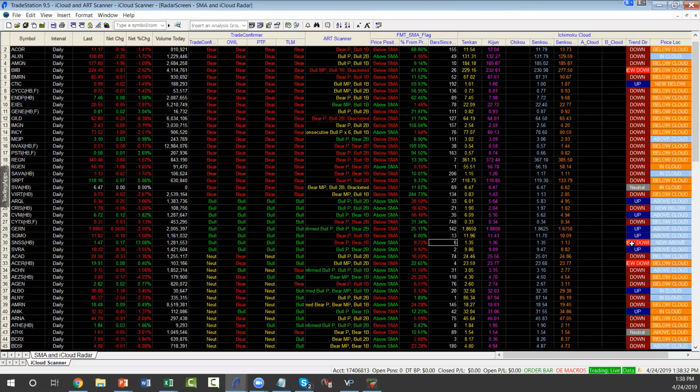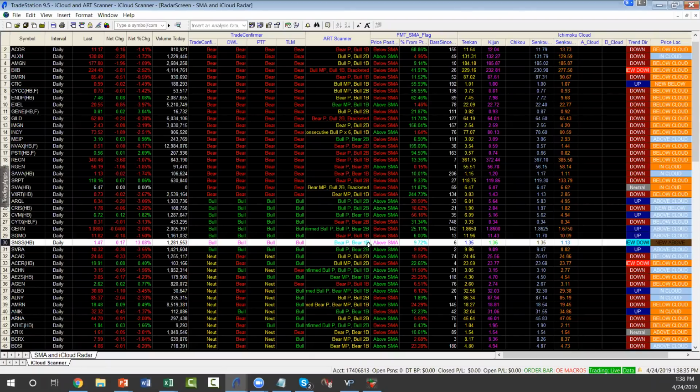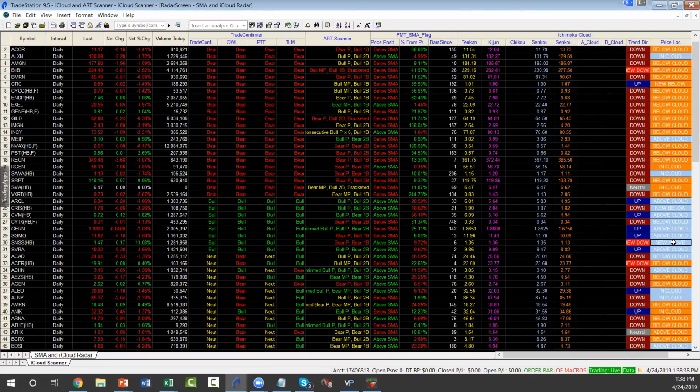And then I also use Ichimoku Cloud. So on this SSNS, you can see it's above the cloud, just newly above the Ichimoku Cloud. So I can take the trade confirmer from Traders Coach and combine it with other indicators that I care about and use, and just see if things stack up. And so this one really caught my eye, this SSNS.